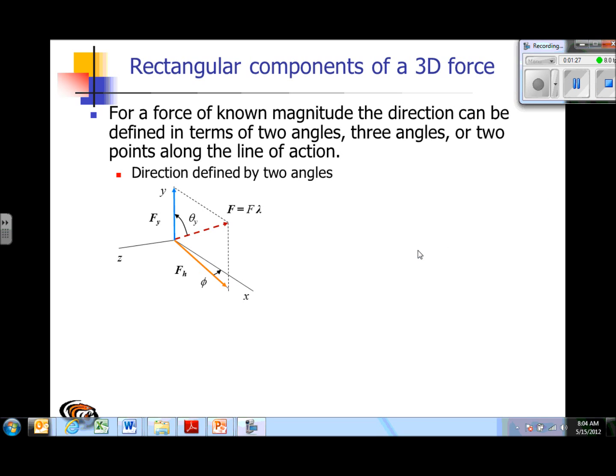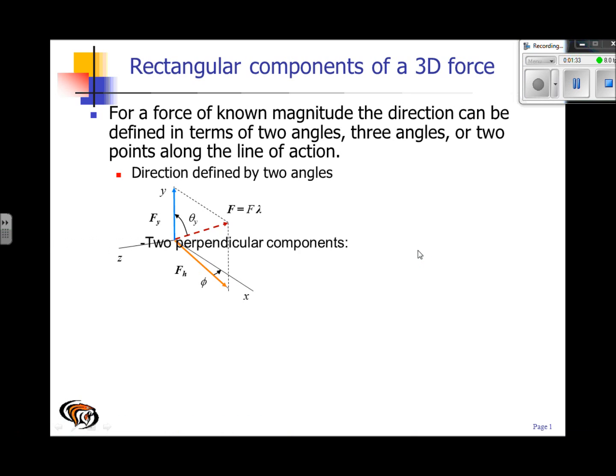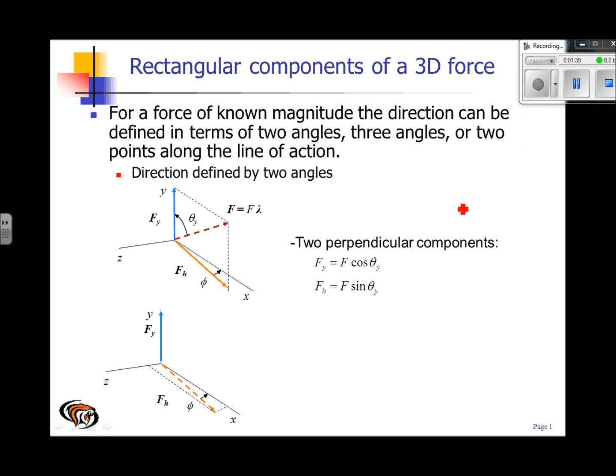This component F of h can be further broken up into components along the x and the z axis. To do this, we take the cosine of the angle phi and multiply it times F of h to get the F of x component. To get the F of z component, we multiply the sine of phi times F of h.